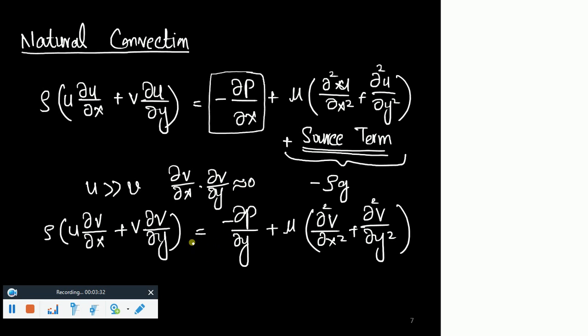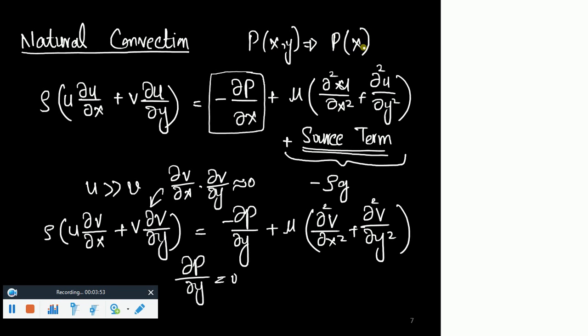Okay, so if we use those assumptions and put all the values over there, you would come up with this conclusion that there is no variation of pressure with respect to y. So if pressure is a function of x and y, and from this equation you know that there is no variation of pressure with respect to y, so pressure would just be a function of x, right? Pressure would just be a function of x.